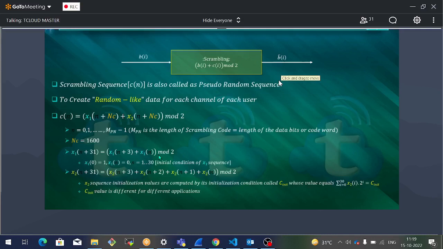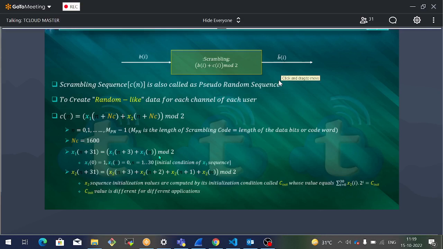What about x2? In order to calculate the x2 sequence, you need c_init, because the first 31 values depend on c_init. So the first thing we need to do is calculate c_init.